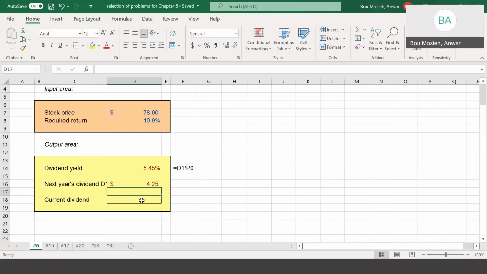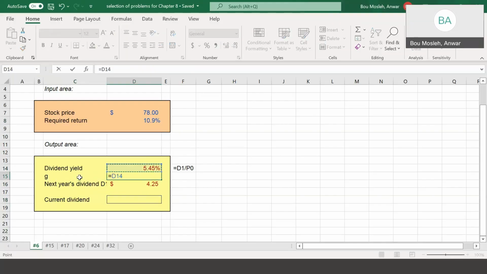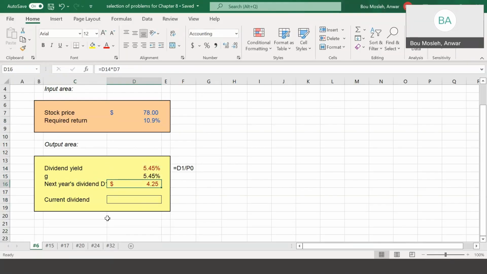This year's dividend is going to be one year before. D0 growing to D1, so D1 discounted back by G to be D0, right? So again, as we said, the relation between these is the G. Every next year's dividend grows by G. And we learned that since this is split half to dividend yield, the other half to capital gains yield, G is actually also equal to 5.45%.